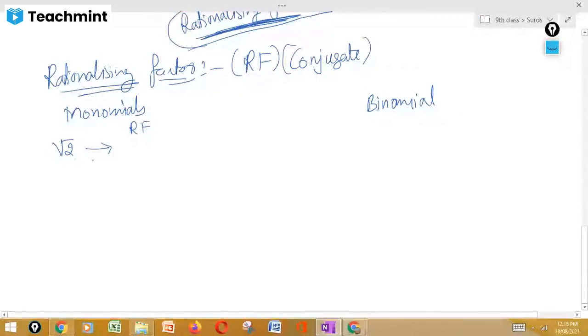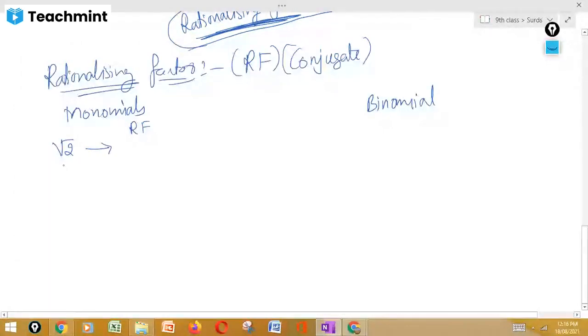So is root 2 a monomial or not? Why? Because it has only one term. What do we call it? Monomial. Since it is one term, we call it a monomial.